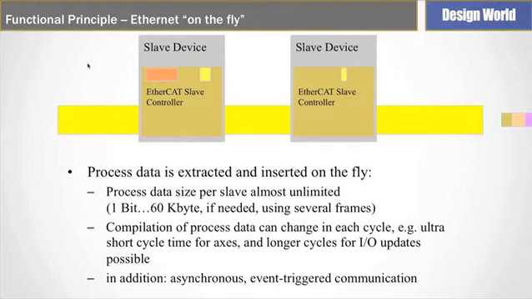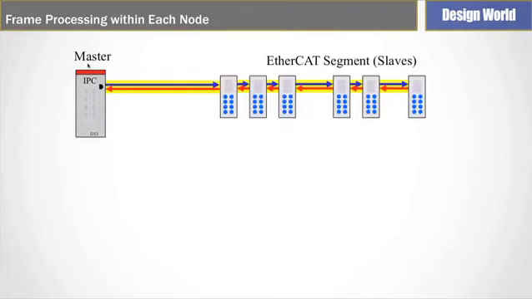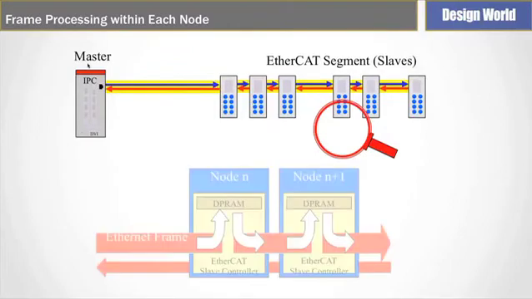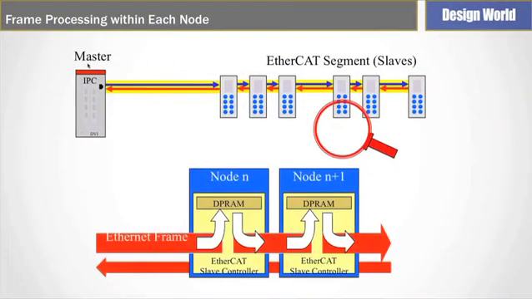In addition, we can do asynchronous or event-driven communication. Within each of the slave devices is this EtherCAT slave controller chip, whose job is to modify the frame that comes from the master, either reading out data into DPRAM or inserting data that's sitting in DPRAM ready to be added to the frame.